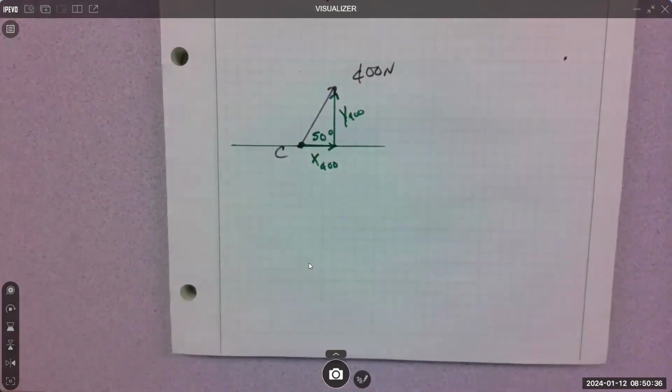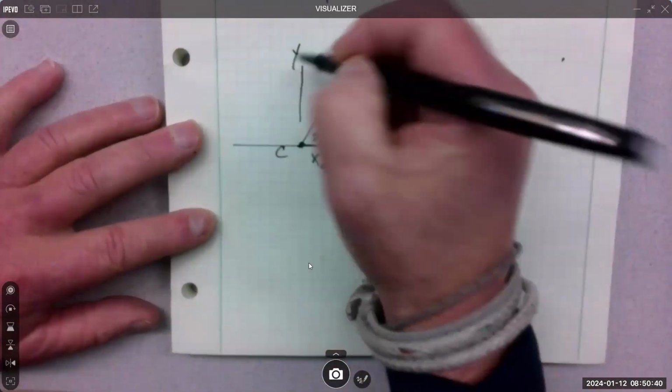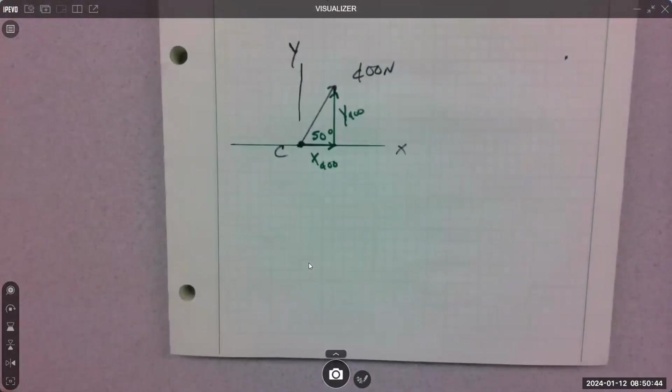Right? Now, that puts the Cartesian coordinates, X and Y, horizontal and vertical. So I can tell you right now, we move that Cartesian coordinate around all the time. And if I looked at the homework problems right, you may have one that you have to rotate the coordinates to find out what's going on, like up and down a hill.